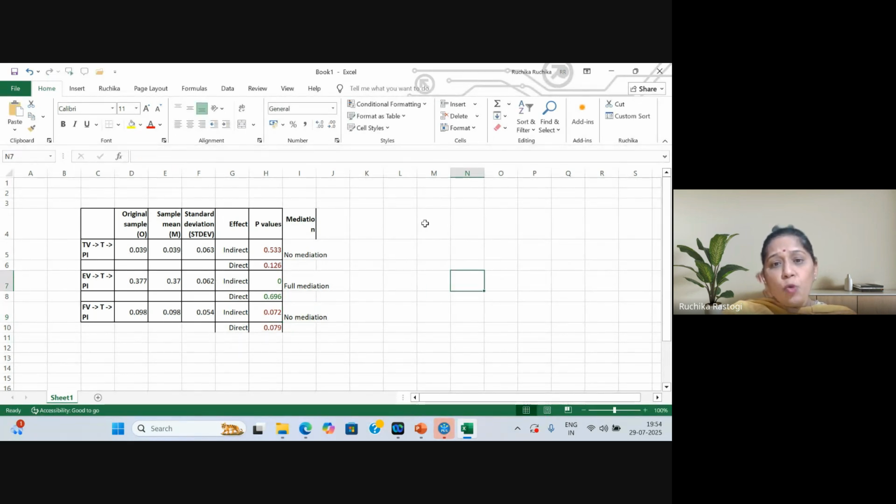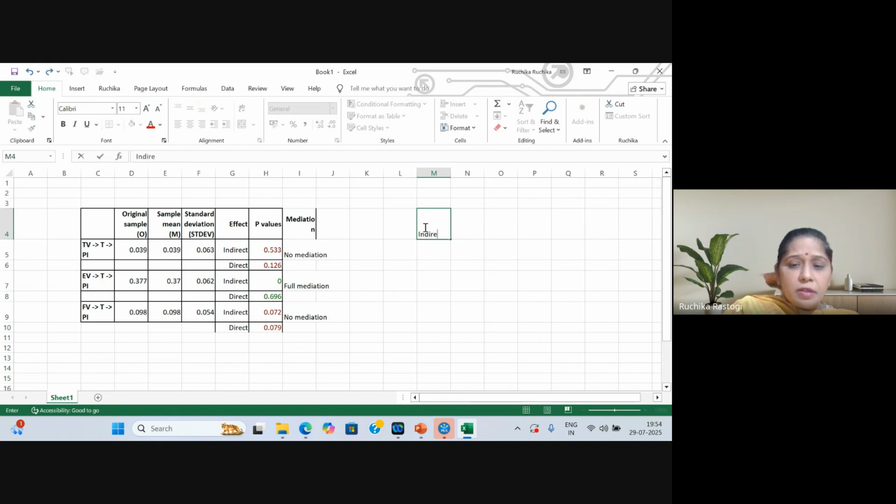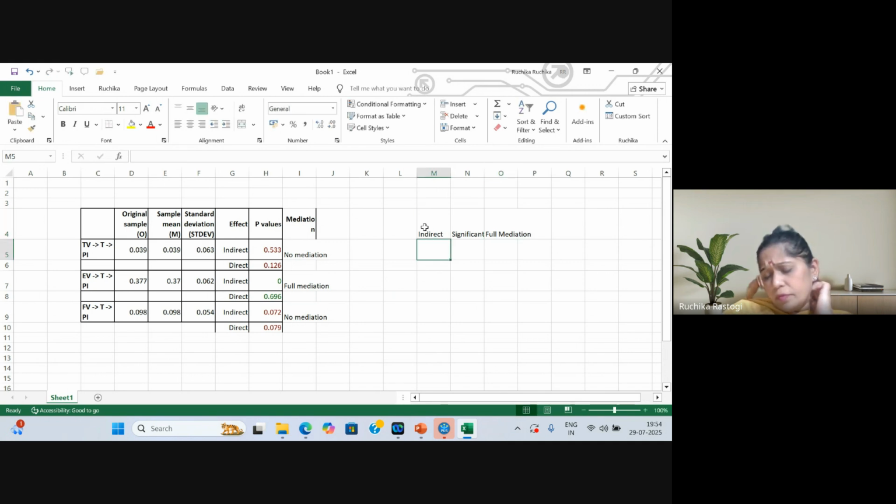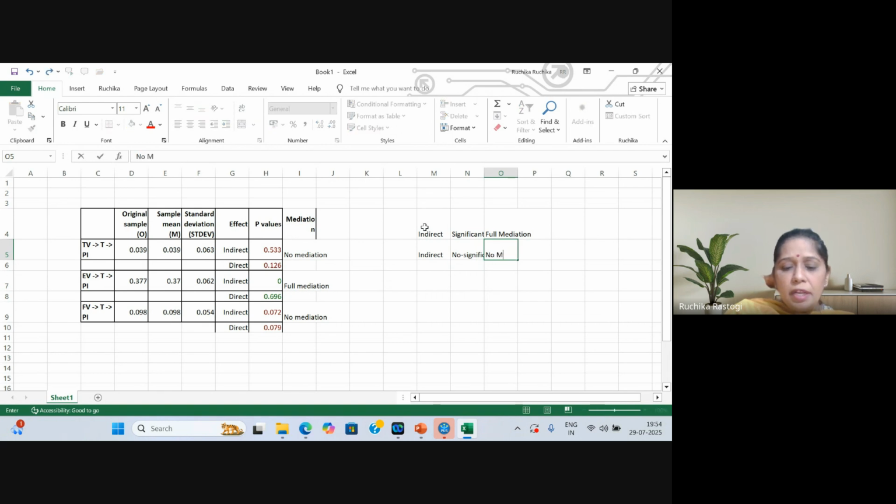Now, there is one rule. If indirect is significant, full mediation. If indirect is not significant, no mediation.